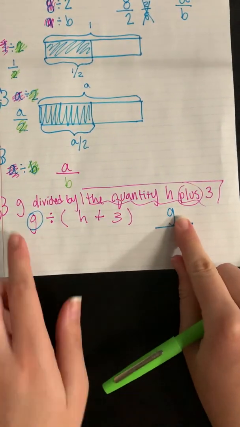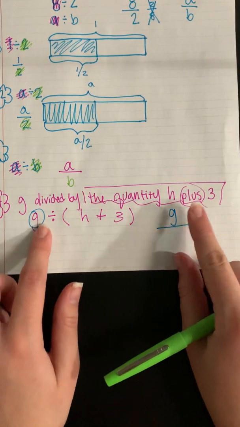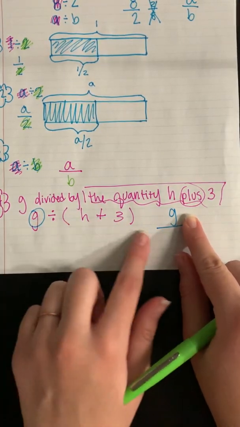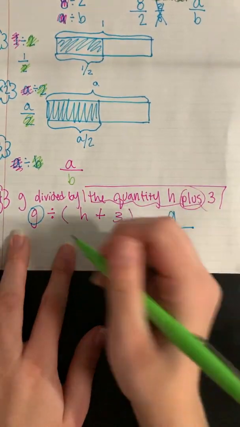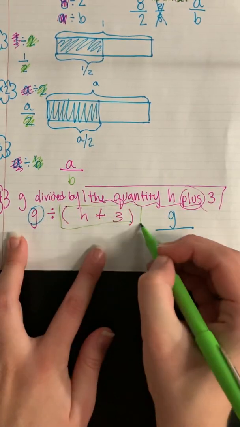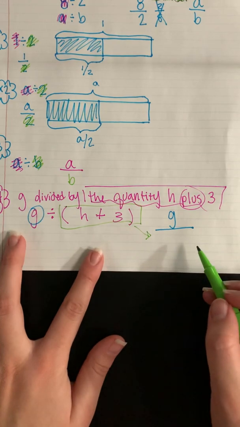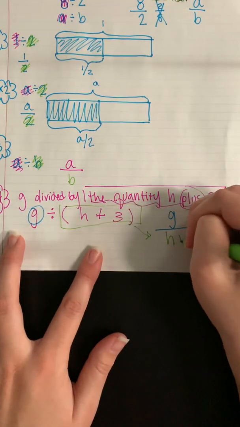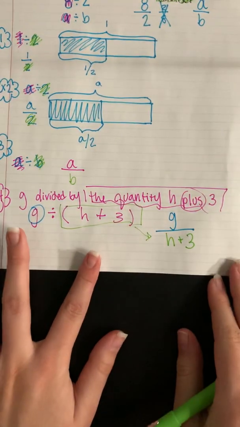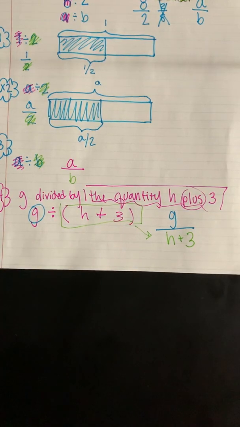Our dividend is our numerator, so g is in the top. Then our divisor, h plus 3, this entire part of the expression goes into the denominator. So h plus 3 is the entire denominator. So now we rewrote that expression into a division expression without the division symbol.